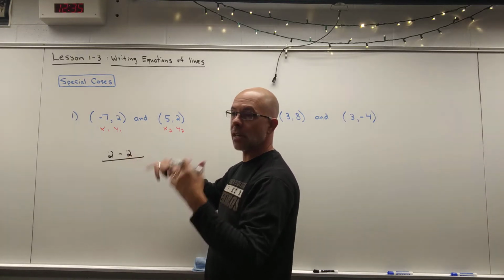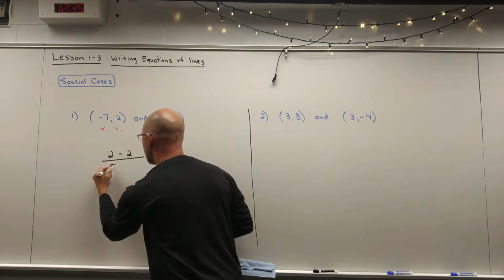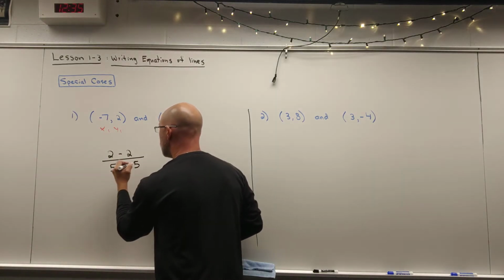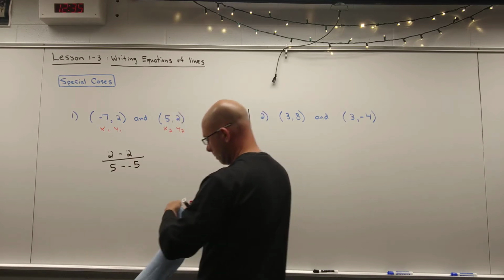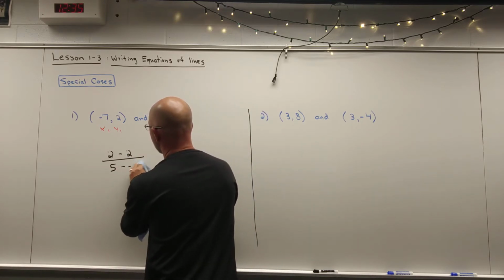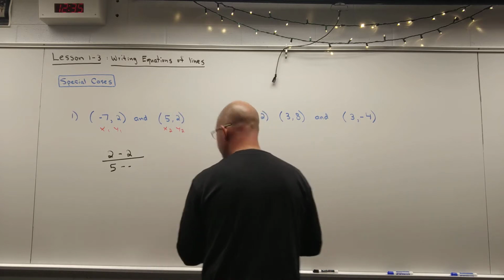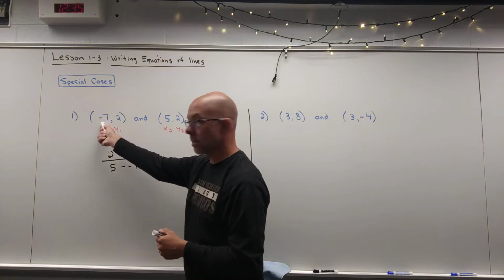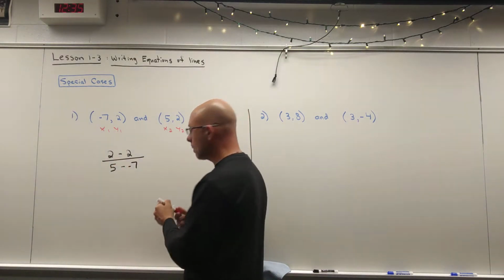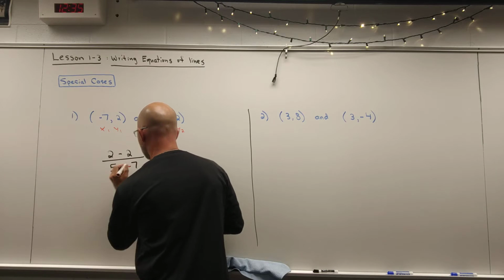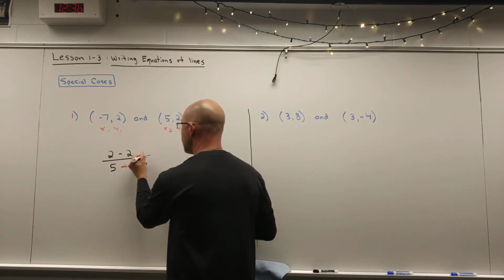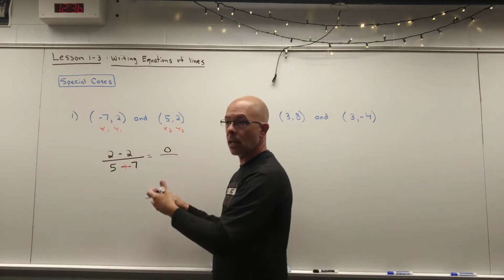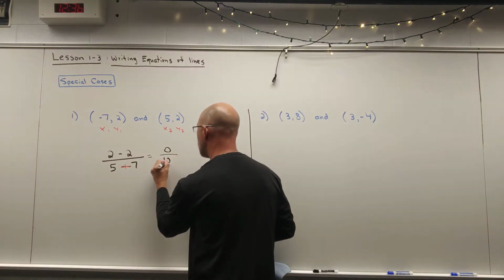And in the denominator, it's x2 minus x1. So yeah, x2 minus x1. Minus a negative becoming a plus. And we get 2 minus 2 is 0, 5 minus a negative, or 5 plus 7 is 12.